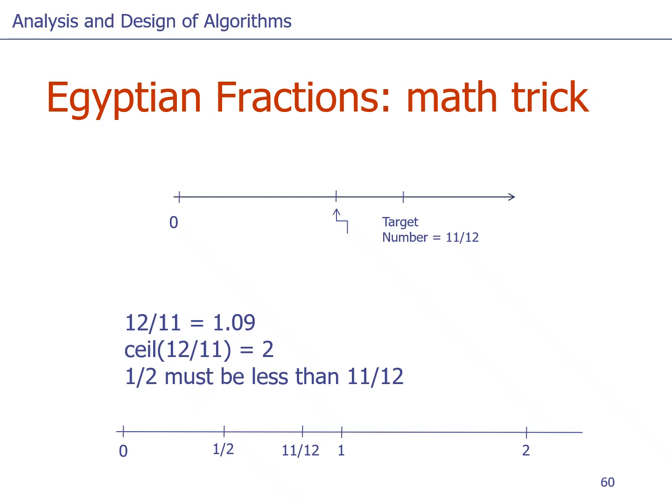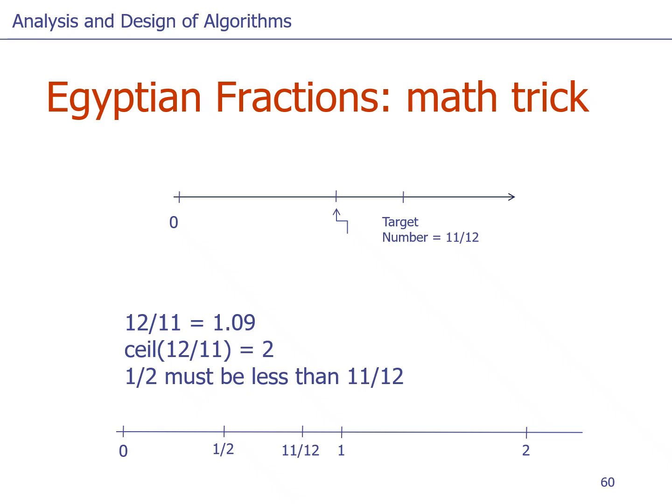It's going to be a whole number and some fraction, because if you start with a fraction, 11 divided by 12, when you flip it, 12 divided by 11 is a whole number plus a fraction. Now, if you take the ceiling of that, you get a whole number without the fraction. If you take 1 over that ceiling number, it should be less than 11 divided by 12.